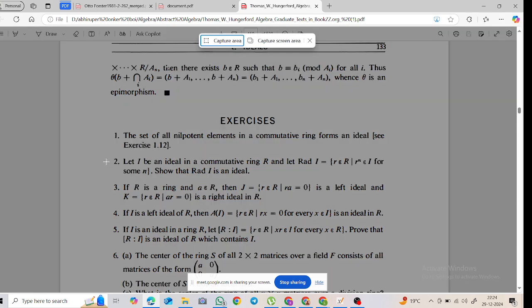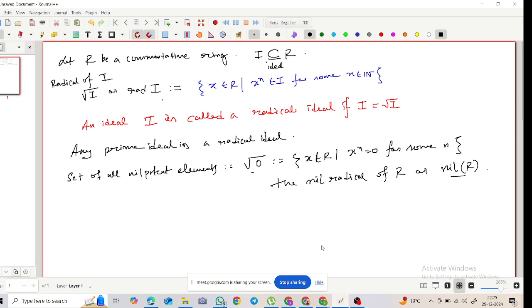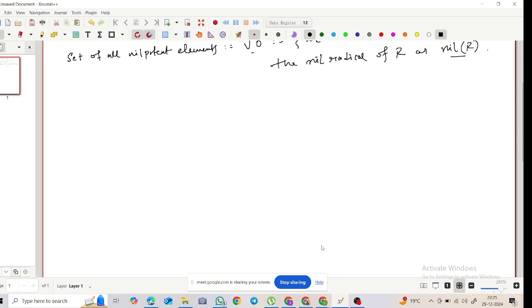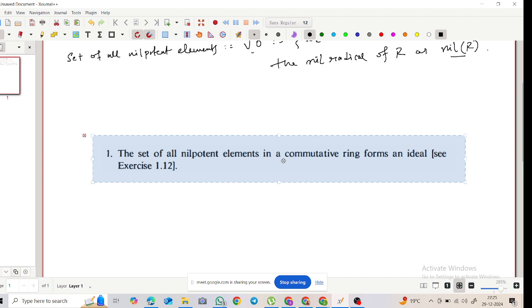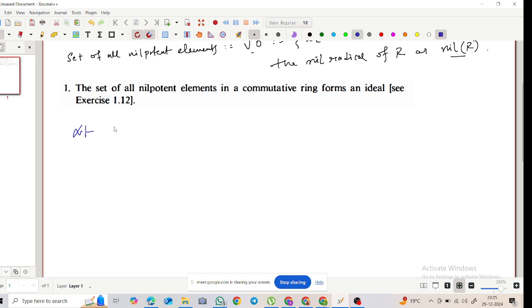For the first exercise, let x belong to root 0.